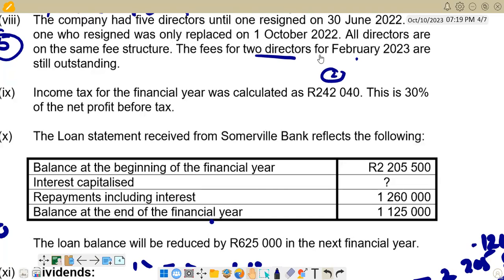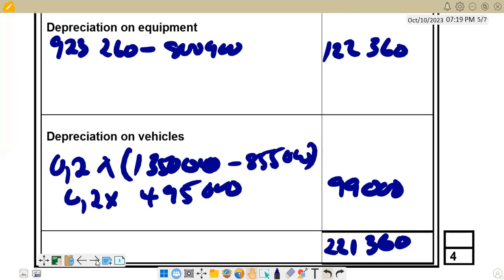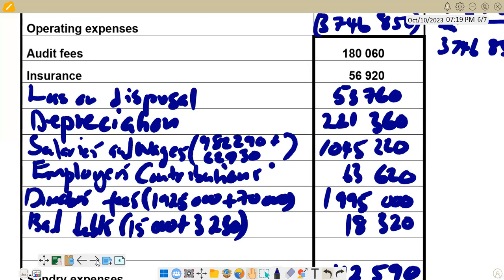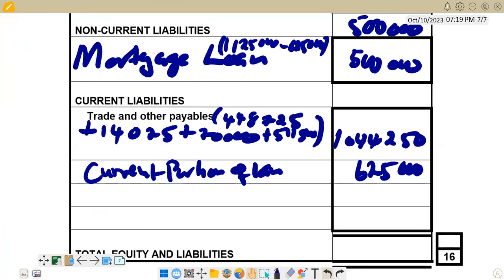So 196,040, then we check the actual tax amount that we have. We are told the actual is 242, so it's greater. So this one becomes a current liability. So we can just say SARS income tax. In brackets, we just show the working there.